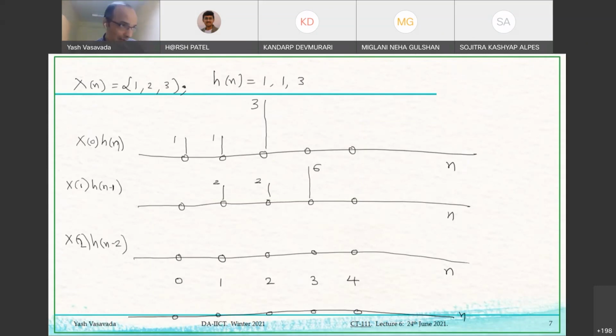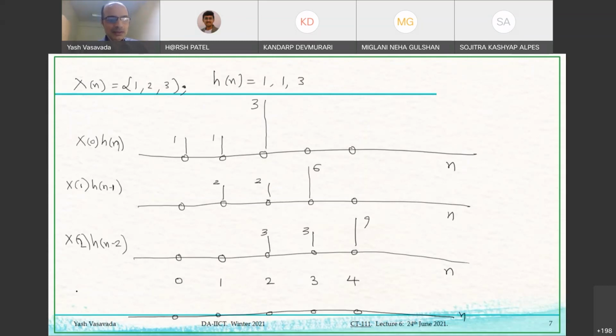So it's probably inaccurate to call it 1 second or 2 second delay, but fine, we'll just say 1 unit of delay, 2 units of delay, etc. So this would be h of n with two units of delay, except it got amplified by 3 units. So it will become 3, 3, and 9.